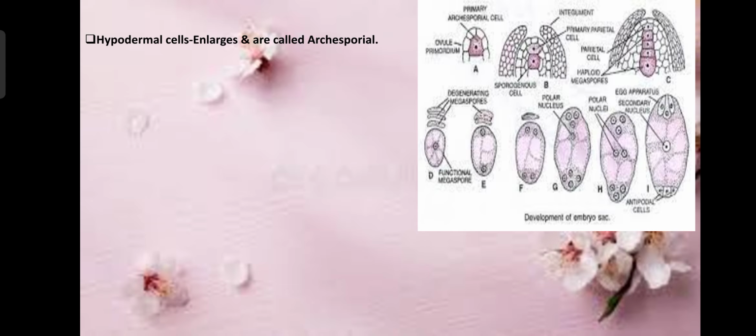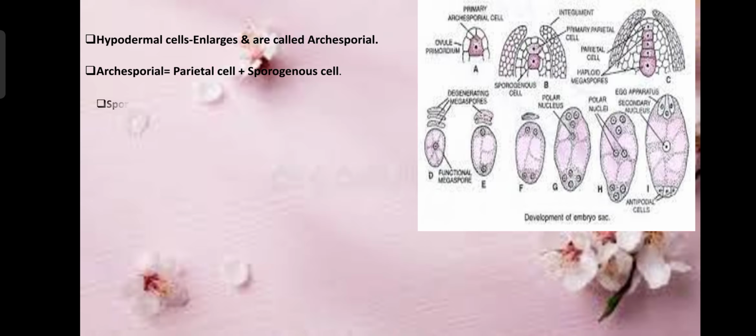As they enlarge, we call them archisporium or archisporial cells. So inside the ovule there will be a number of hypodermal cells, which enlarge and are called archisporium or archisporial cells. These archisporial cells divide into two categories of cells: outer parietal cells and inner sporogenous cells.